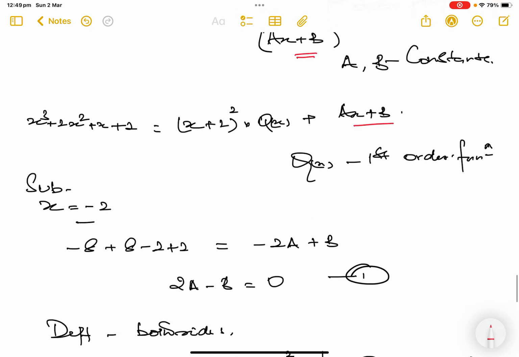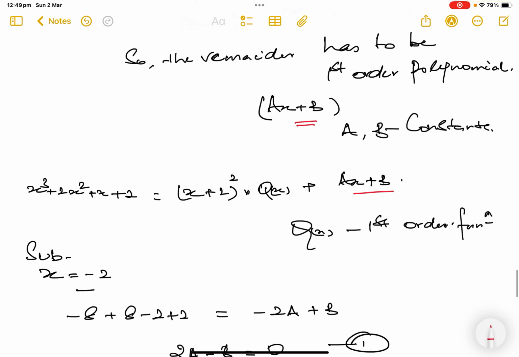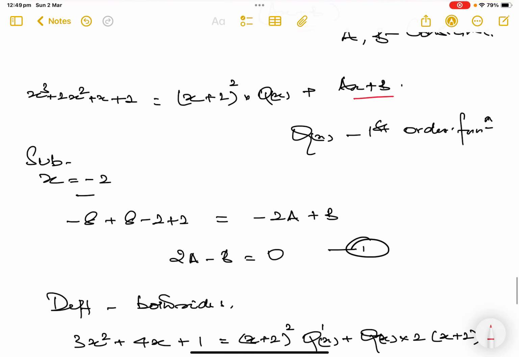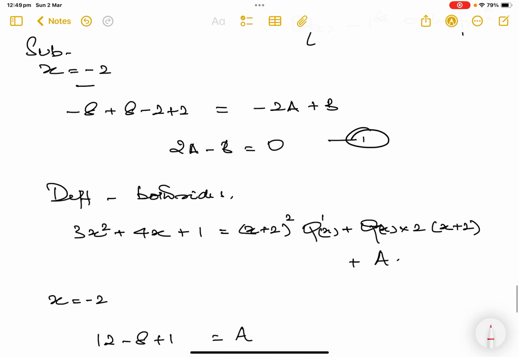Having got this equation, we try to find another equation. What I did here was differentiate both sides, because both sides are functions. Differentiating, the left-hand side is 3x squared plus 4x plus 1. I'm not going through the differentiation, the students should know about it.